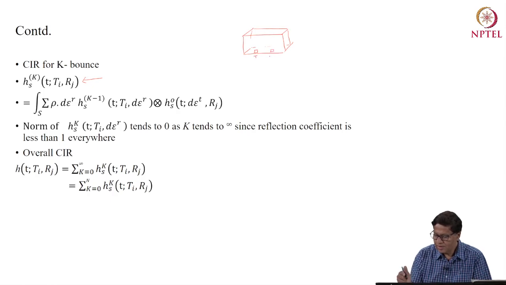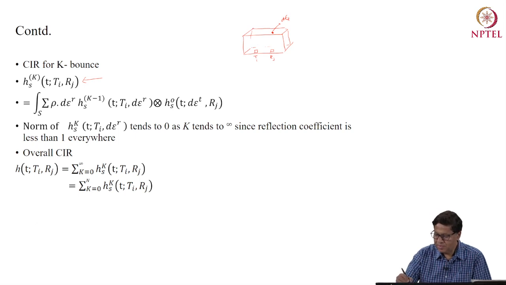This is T, this is, say, Rj, this is Ti, and there is some area I consider here, which I call the differential area, sigma, this area, let me call it sigma T.